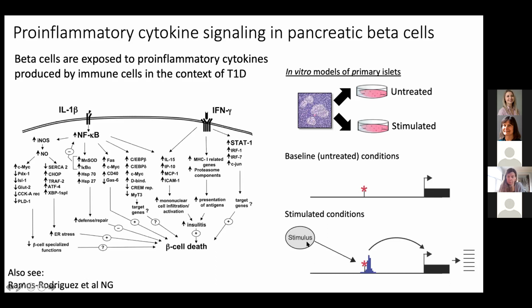But in response to a stimulus like cytokines, the site becomes activated, and then the variant exerts its effects on that site. It's like a gene by environment interaction. And so by mapping the changes in these cells in response to these stimuli, we can get a better sense for how risk variants may be affecting beta cell function in T1D.